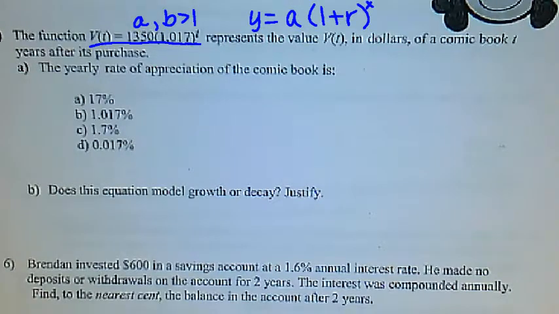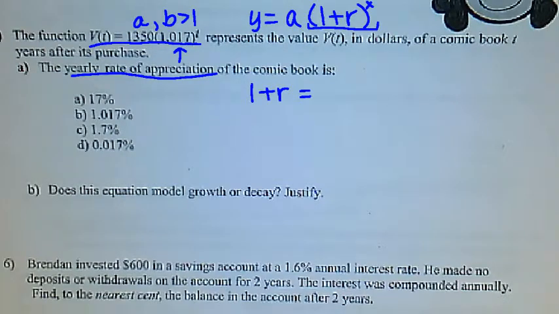to the x power. Okay, so we want to know the yearly rate of appreciation. So this means growth. Appreciation means growth. Okay, so all we need to do is figure out the percentage. So I need to use my B. So all I'm going to do is take that part of the equation and solve.